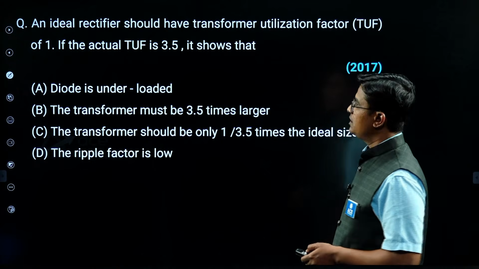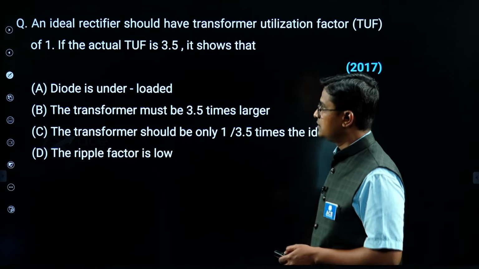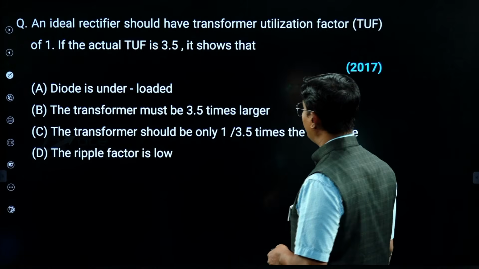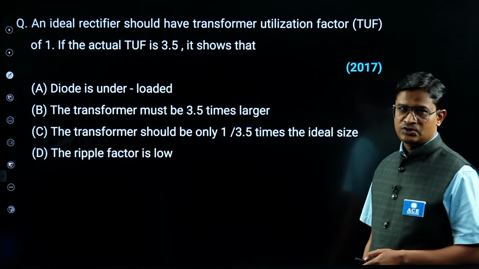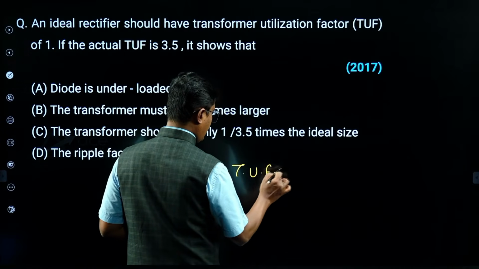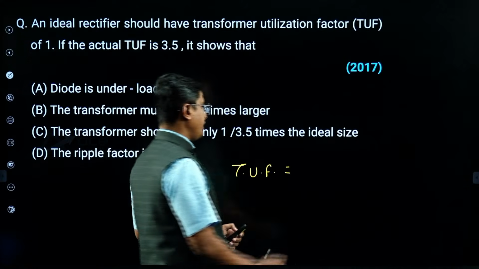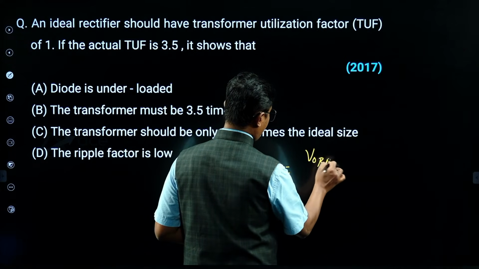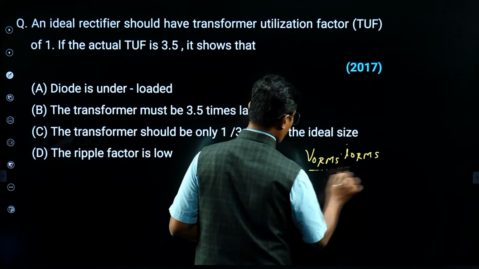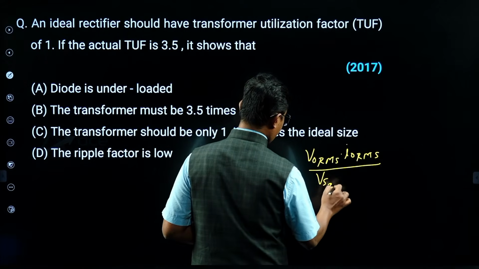Next, an ideal rectifier should have transformer utilization factor of 1. If the actual transformer utilization factor is 3.5, it shows that. So transformer utilization factor indicates V0 RMS into I0 RMS, it is a ratio of load power to Vs RMS into Is RMS.